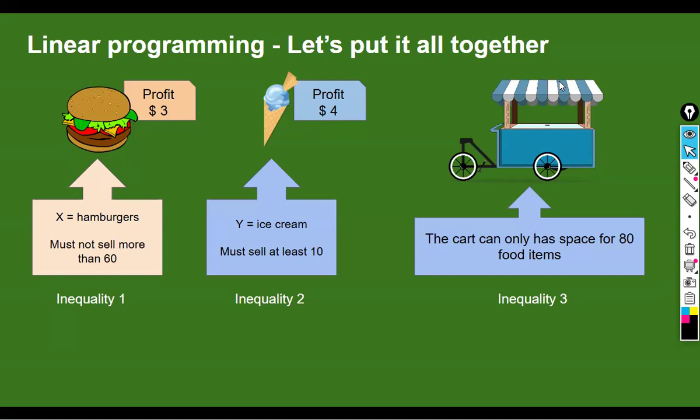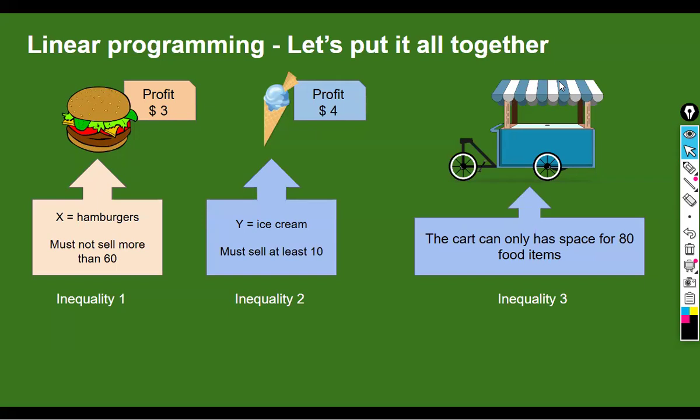We have to start off simple. For CXC, the assumption is your business will only be selling 2 products. So we have decided to sell hamburgers, and what goes exceptionally well after you eat a hamburger, ice cream.